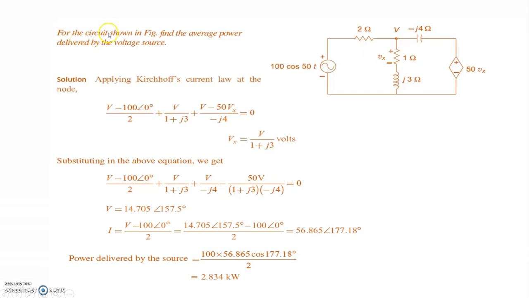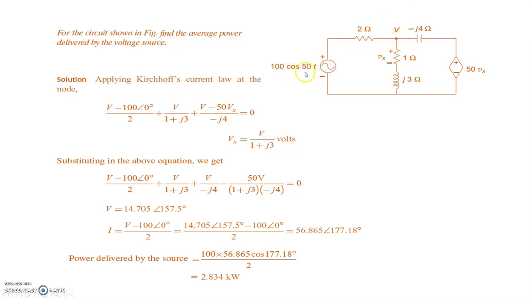Another problem: for the circuit shown in the figure, find the average power delivered by the voltage source. We can take a simple KCL equation by considering a single node V, and from this we can find the current here, which is equal to Vs minus V by 2.